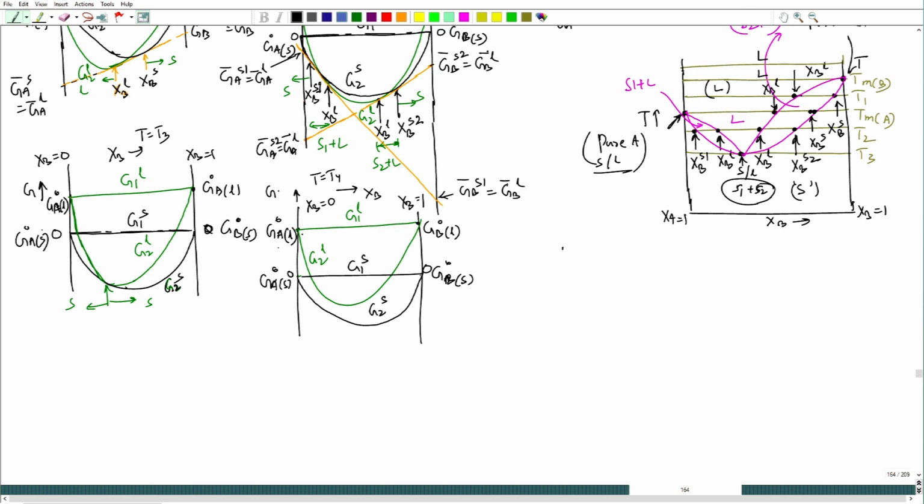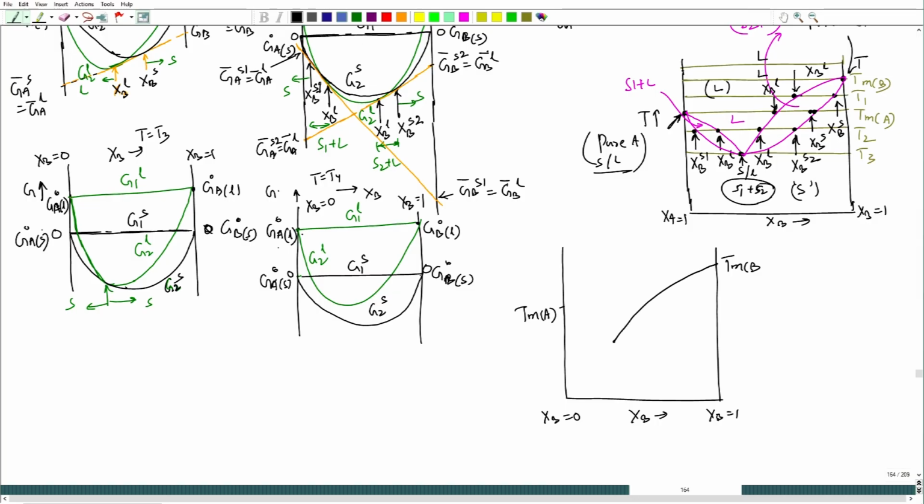The final plot is becoming like this: x b equal to 1, x b equal to 0. So, let us say this is T m A, this is T m B. So, here is that point, we have one I and we have another I. Okay.